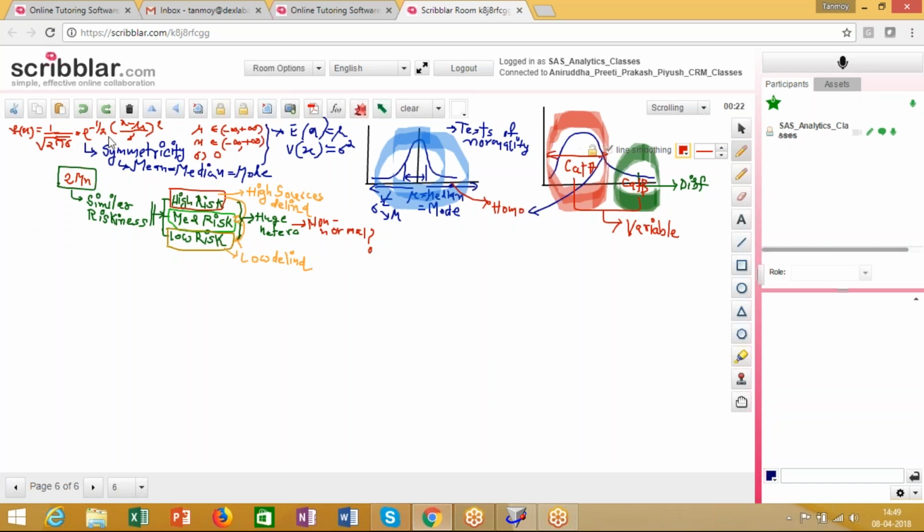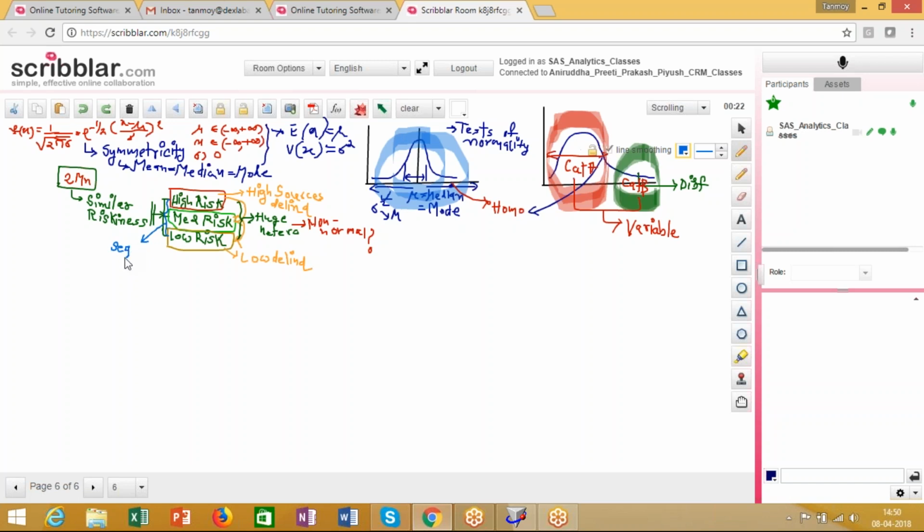This is where the role of segmentation models comes in.